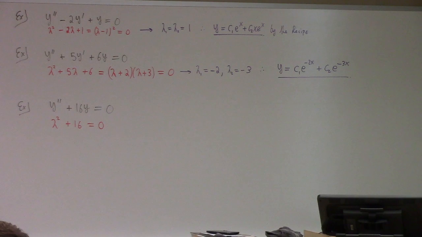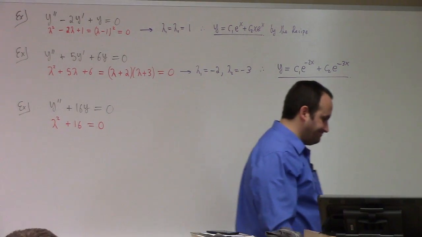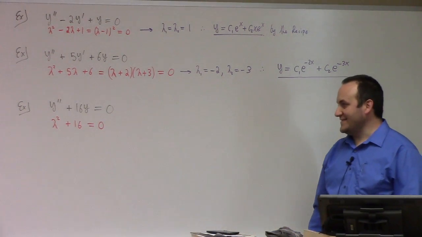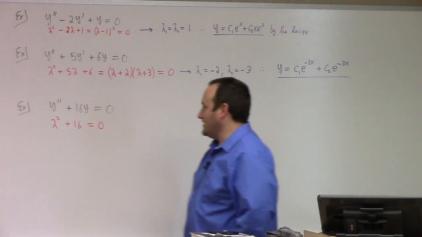Only in the repeated root case is there an x. In the distinct root case, it's just this and this. The x is special to the repeated root case. There's something weird and different about that case. I guess you could say there's something weird and different about the complex case too if you want, but I guess you're just keeping it real.